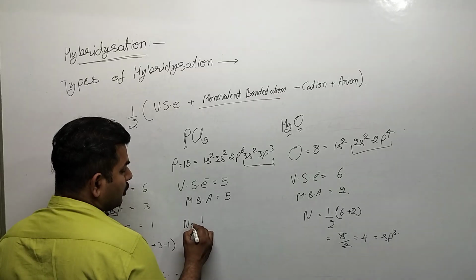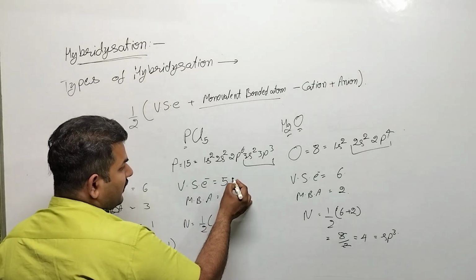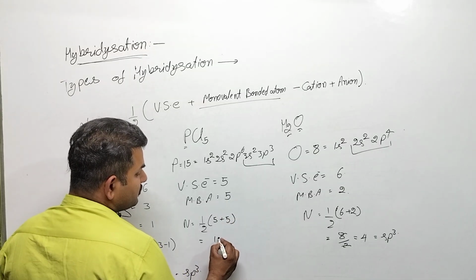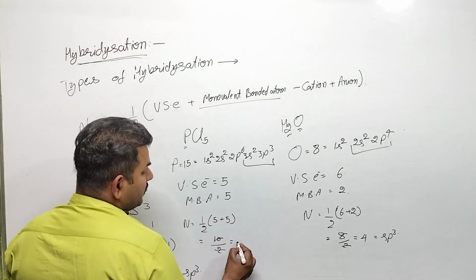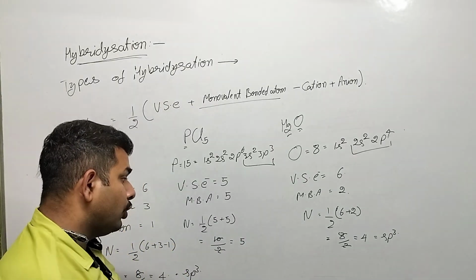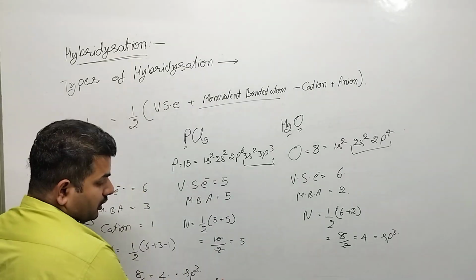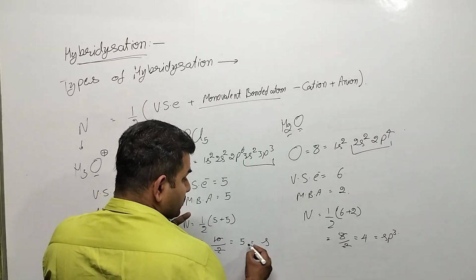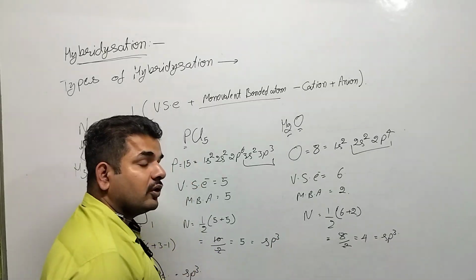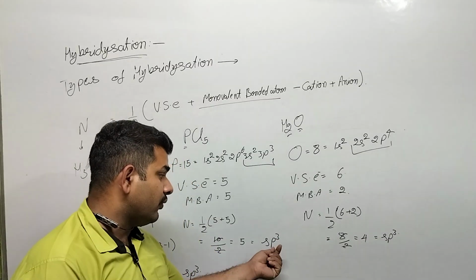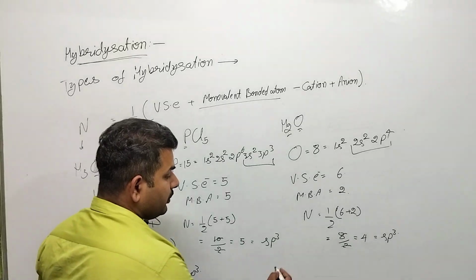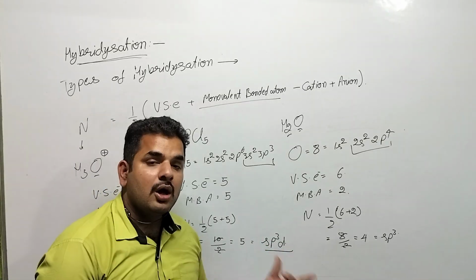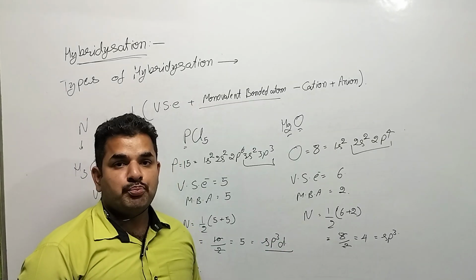Then the number of hybrid orbitals is 1 by 2 of 5 plus 5, that is 10 by 2, that is 5. Here we have more than 4, so the hybridization is one s and three p, and after p we get the d orbital, so it is sp3d. There are a total of 5 hybrid orbitals.